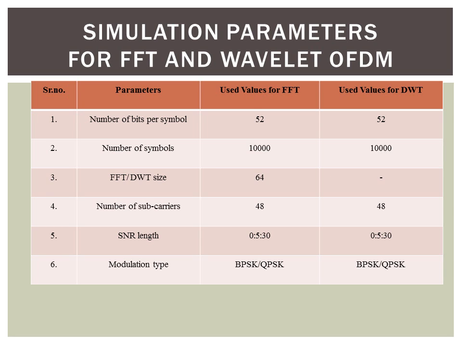Signal to noise ratio is from 0 to 30 with a step of 5, and we have observed the BER for 0, 5, 10 up to 30. Modulation type is BPSK.